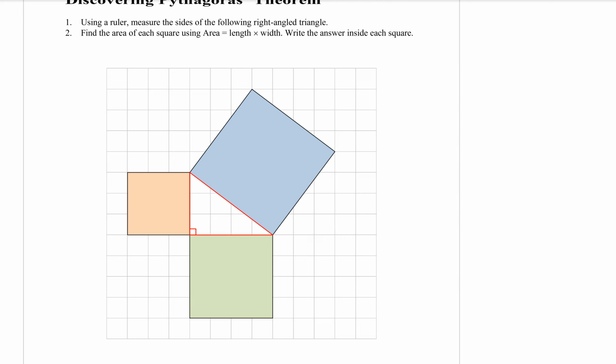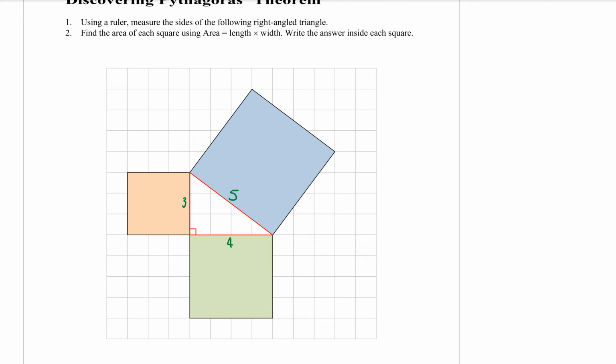Good job, Julia. 4. How long is the orange square? It's 3 spaces. And now the blue one is the one you'll need your ruler for. How long is it? 5. It is 5. Good.